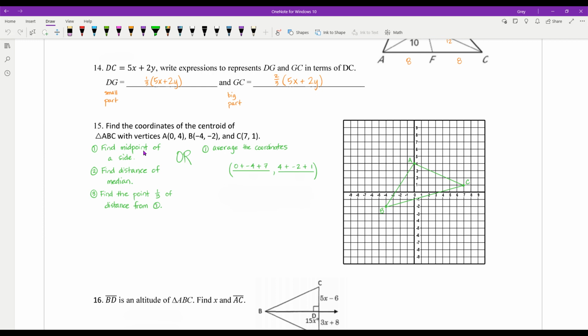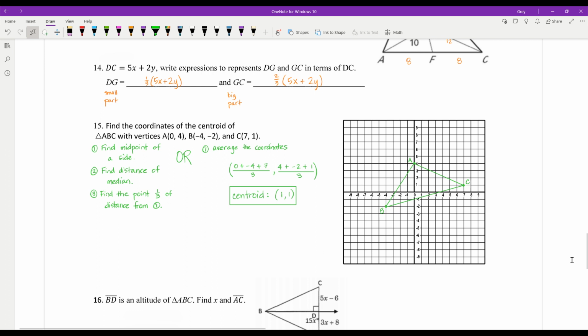How do you find the average? You add them all up and you divide by how many you have. So how many did we add up? 3. So I'm going to divide each of those answers by 3. And when I do, I will find out that my centroid is at (1, 1). Because this, of course, is 3/3, and that, of course, is 3/3. So this is a little bit easier, but if you wish to do it the other way, you will see you can do it. You get the exact same answer, okay?